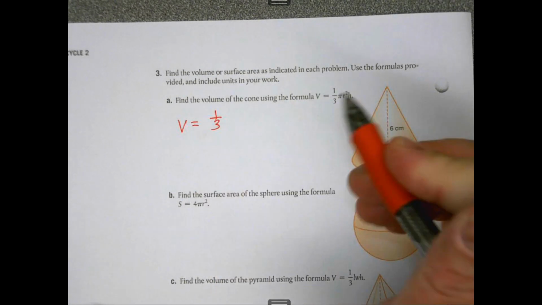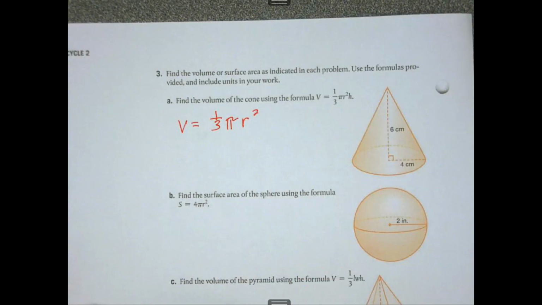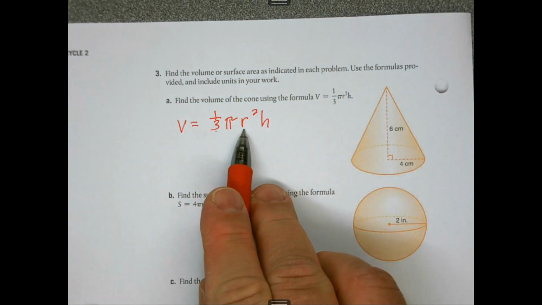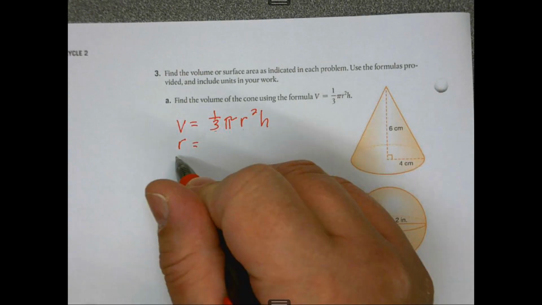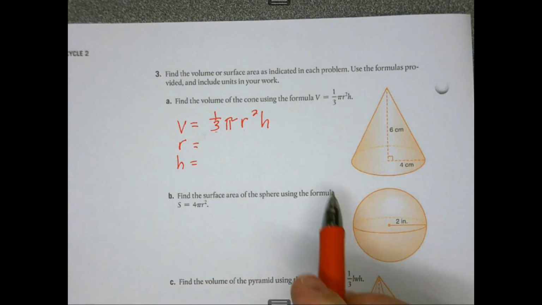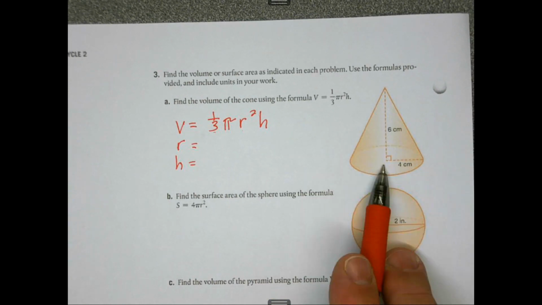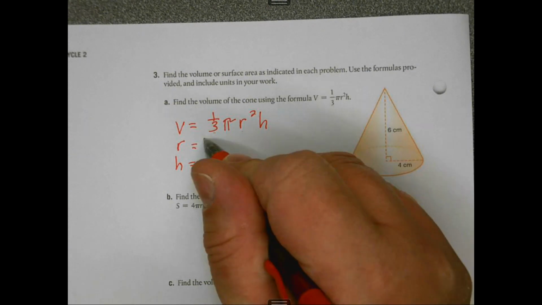So I'm going to need the variable r, and I'm going to need the variable h. So my radius of the circle, the bottom here, is going to be 4 centimeters. And my height of this cone is 6. So I just go ahead and plug those into the formula.